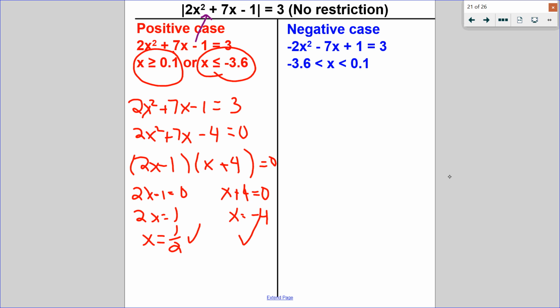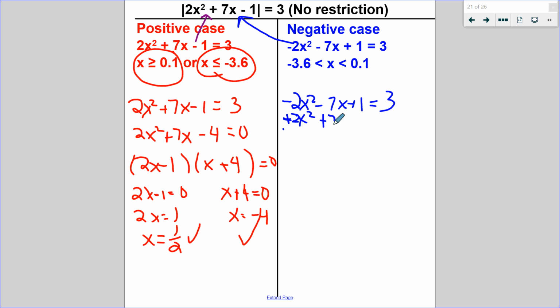Okay, for my next one, I'm going to replace the absolute value with my negative case. So when the input is negative, this is what my equation would look like. Again, it's a quadratic, so I'm going to set it equal to 0. Because my leading coefficient is negative, I'm going to add 2x squared to both sides.